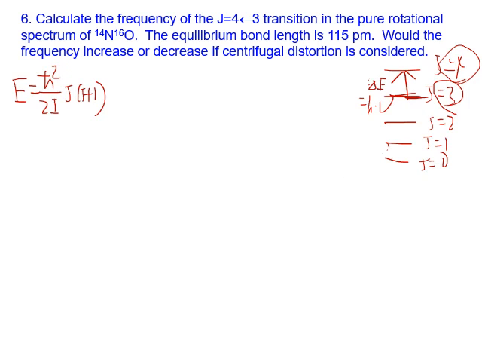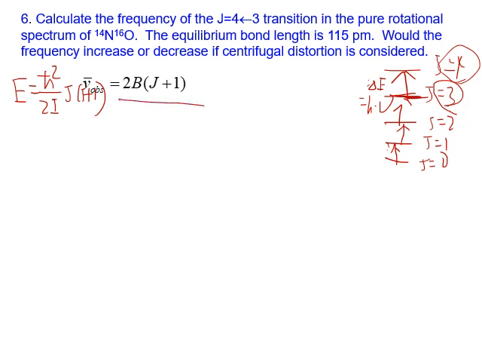The other way is that we already know the equation. For example, in question 2, you were asked to derive the equation to show the energy separation depends on J. In fact, in the lecture notes, we also derived the equation 2B times (J plus 1).